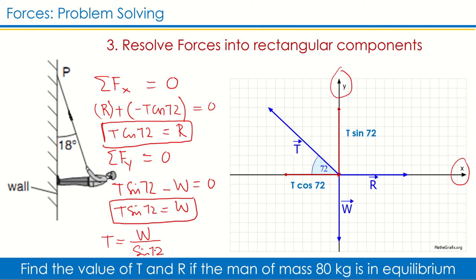Whatever the answer you get, this is 80 into 9.81 divided by sine 72 degrees.